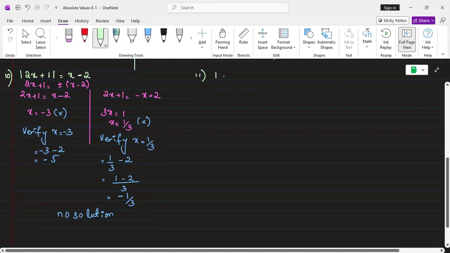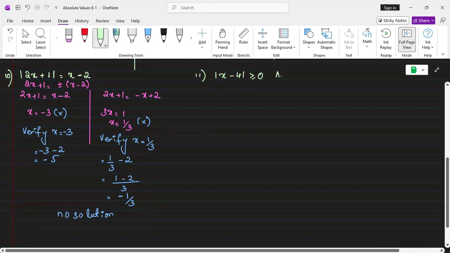Now, for example, if there is a modulus which says x minus 4 and the answer is greater than equal to 0, what are the possible values for x? x की ऐसी क्या possible values हो जिससे x minus 4 modulus greater than equal to 0? Exactly.